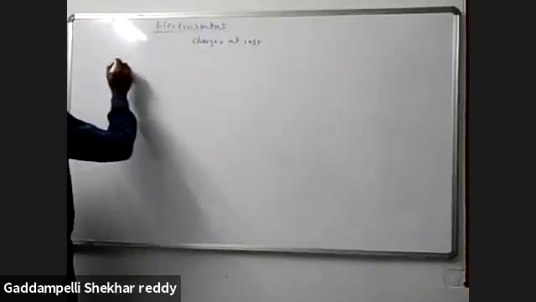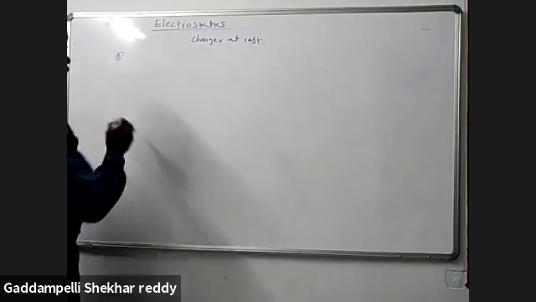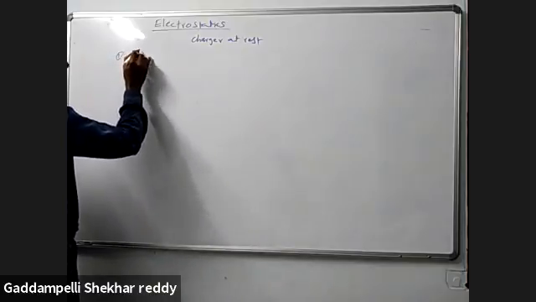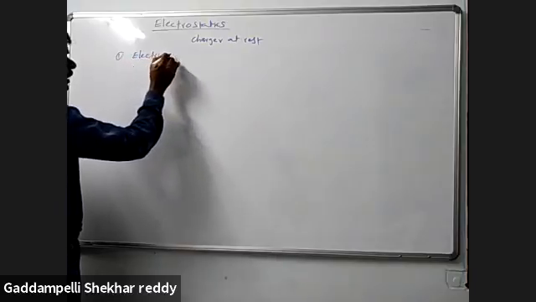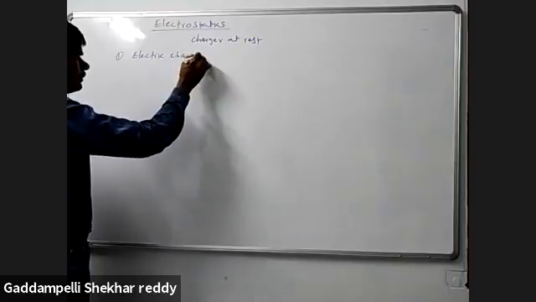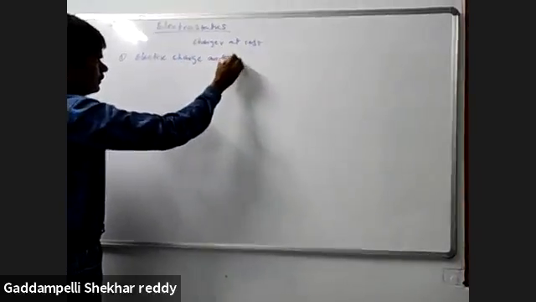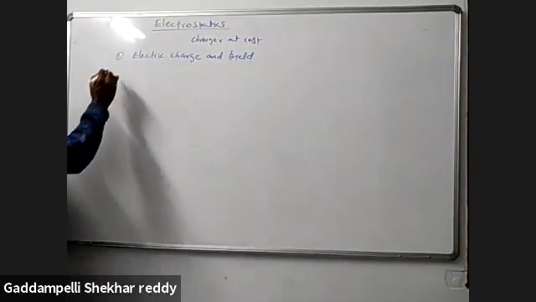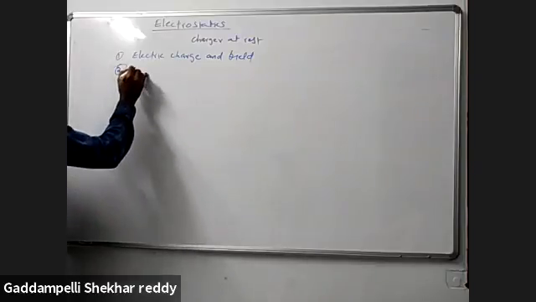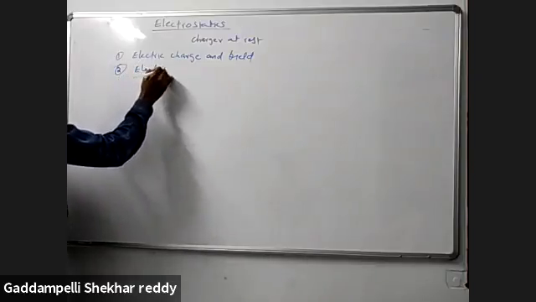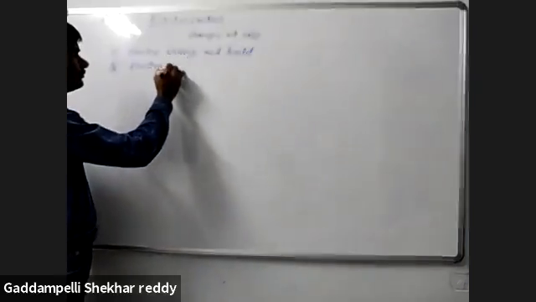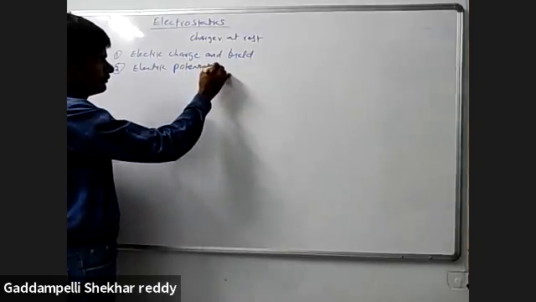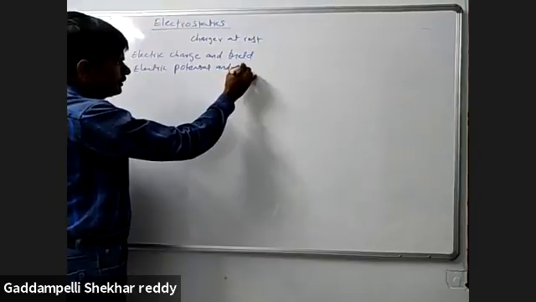Now electrostatics has two branches. One is electric charge and field. The next one is electric potential and capacitance.